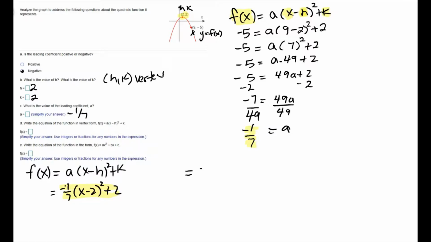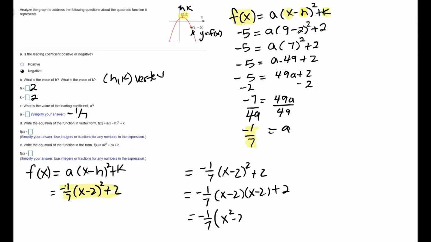So we'll start with negative 1/7 times x minus 2 squared plus 2. It's negative 1/7 times x minus 2 times x minus 2, plus 2. We'll multiply out that x minus 2 times x minus 2. That's x squared minus 2x minus 2x plus 4, plus 2.